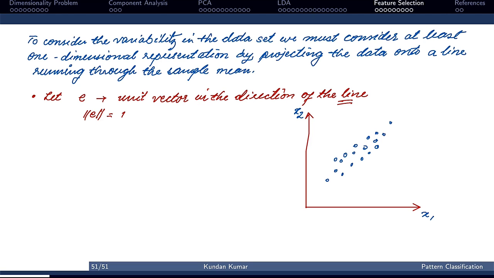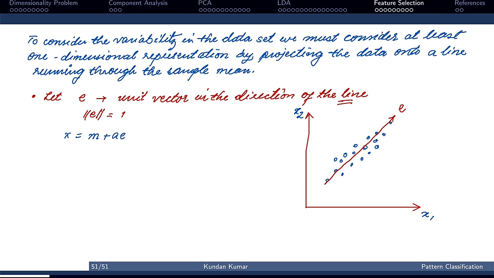So we have to project the data onto a line, and that line will be something like this, in the direction of E, that is the unit vector in the direction of the line. We can write the equation for this straight line as x equal to m plus a e.